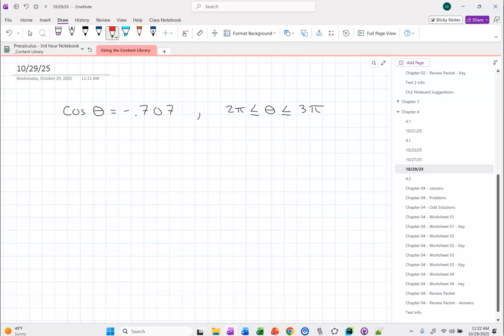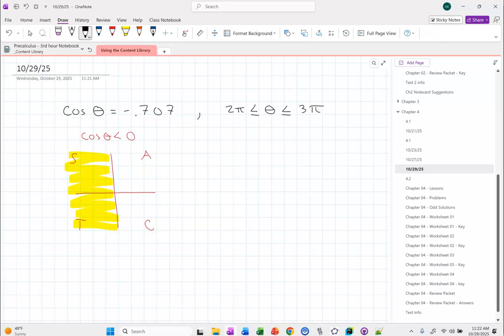Okay. So we'll start by figuring out the quadrant. I notice that cosine is negative. Where's cosine negative? S and T. Is there another way to find what quadrant it's in besides drawing the graph?